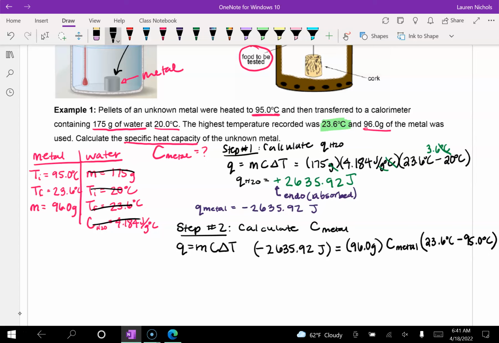degrees Celsius. Notice that this is going to give us a negative number, but that's good because we know that it cooled down, the temperature decreased. So 23.6 minus 95.0 is going to give us a negative 71.4 degrees Celsius when we simplify. And so we can also simplify the right side of the equation.